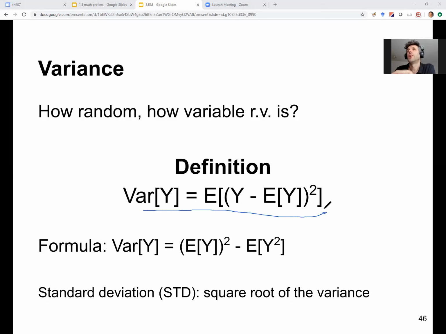I guess it's harder to say than to see what it is. And here is the formula for the variance. It's basically the difference between the expectation of the square and the square of the expectation. There is also something called the standard deviation, sigma, which is the square root of the variance. So these things show how much the random variables vary.